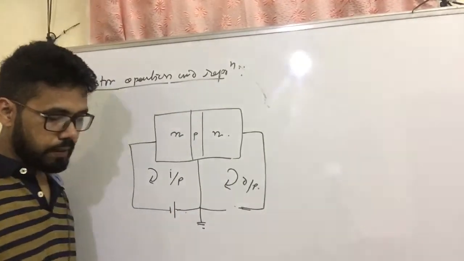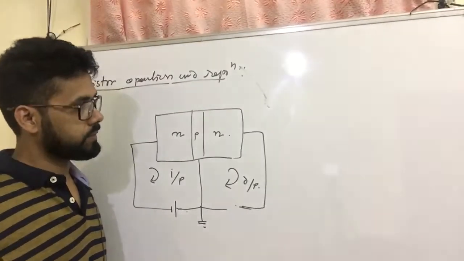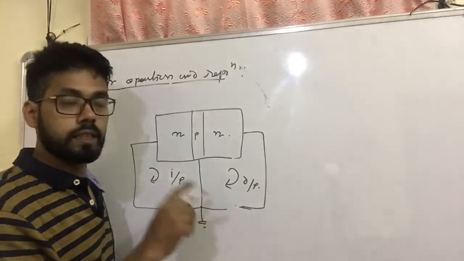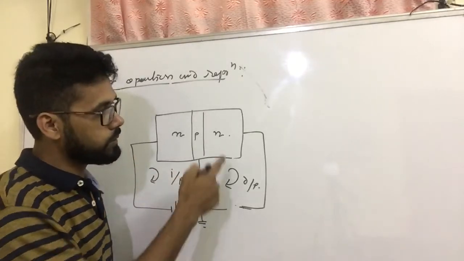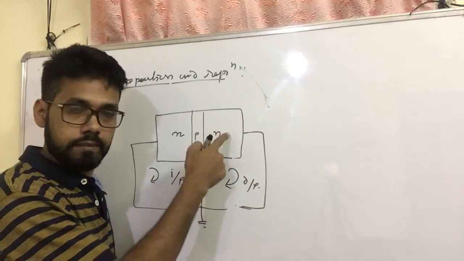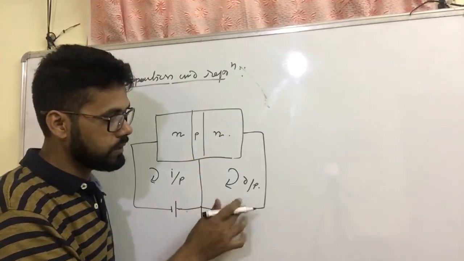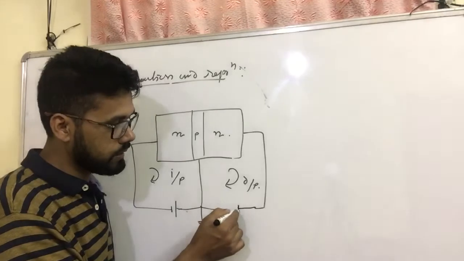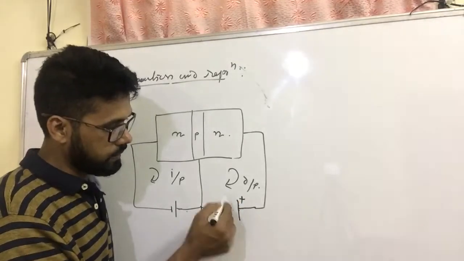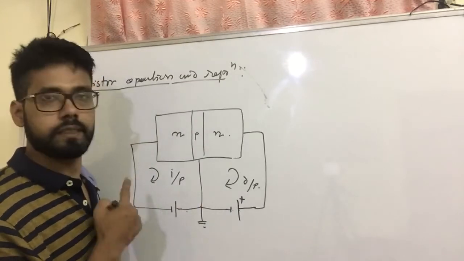Next, the back side is reverse bias. The input circuit is forward bias, remember, and the output circuit is reverse bias. For reverse bias, this is negative, and N means electron, negative. So in order to make it negative, this will be positive and this will be negative. Okay, this is how you have to represent it.